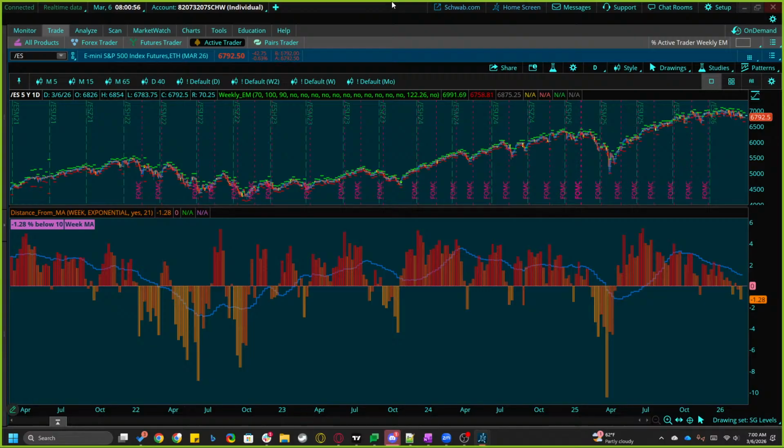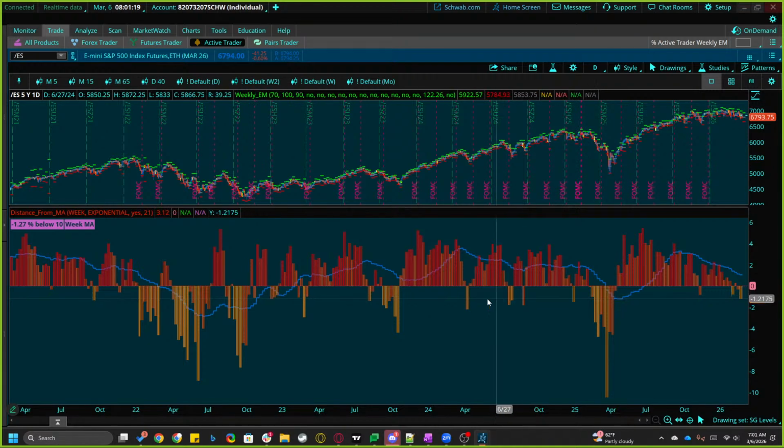Now, don't get me wrong, you should be defensive, but I wouldn't try going out there and selling the boat. Right? So 1.25% below the 10-week is not usually a stopping point that sticks. You can see very often we get down to this level and we go lower than that.